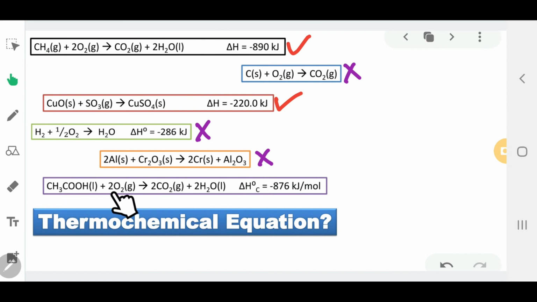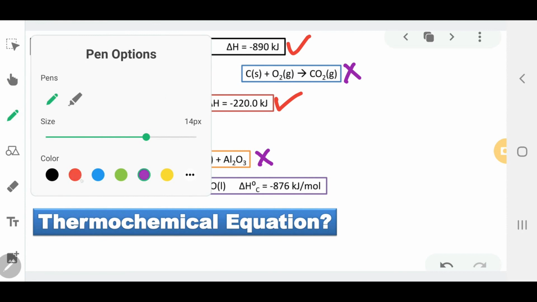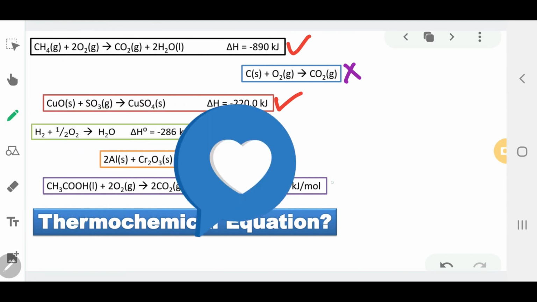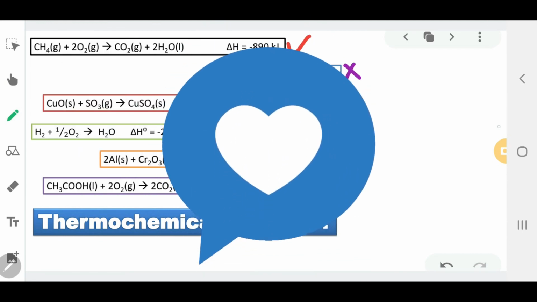You have the phases and the equation is balanced. You have the exact same number of carbon on both sides, the exact same number of hydrogen on both sides, and also oxygen. And you have the delta H. Over here you have the standard enthalpy of combustion. So you have the delta H value. Therefore, this is indeed a thermochemical equation.